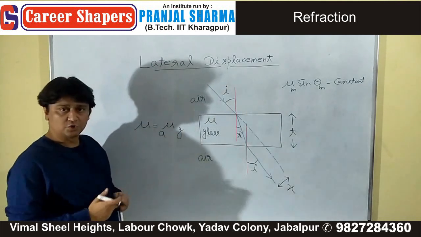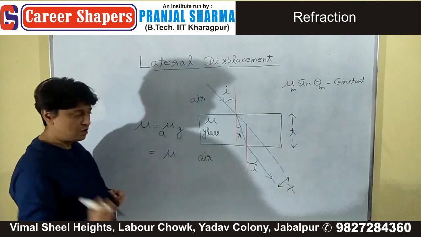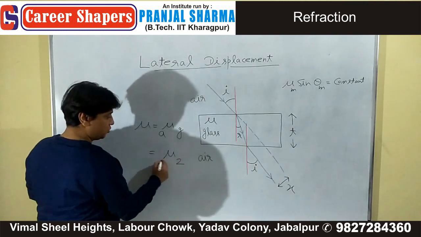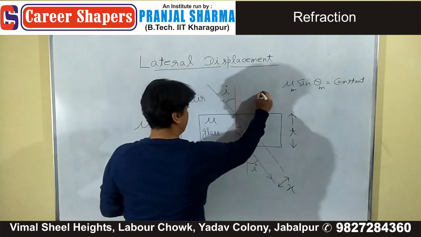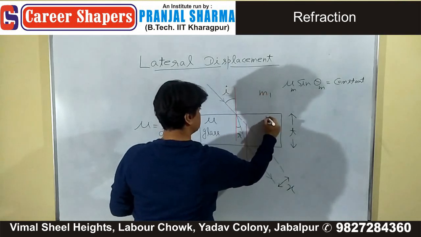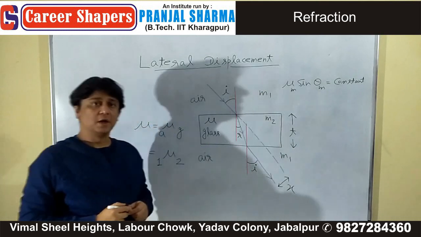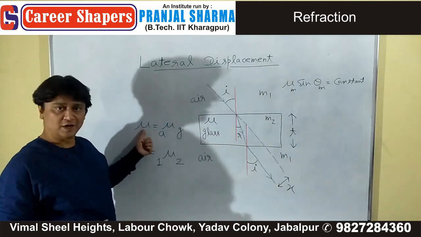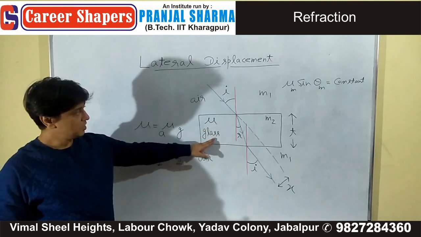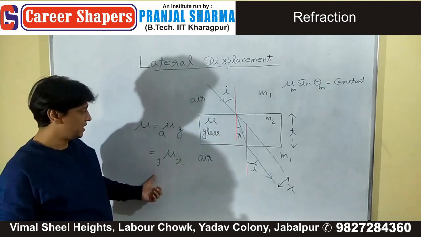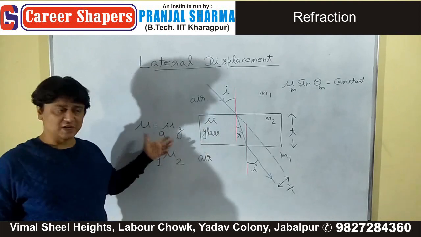In a general situation, it can represent the refractive index of medium 2 with respect to medium 1. If this is medium 1 and this is medium 2, then this is again medium 1. In that case, this mu will represent the refractive index of the second medium with respect to the first medium. In here, it's simply the refractive index of glass with respect to air.